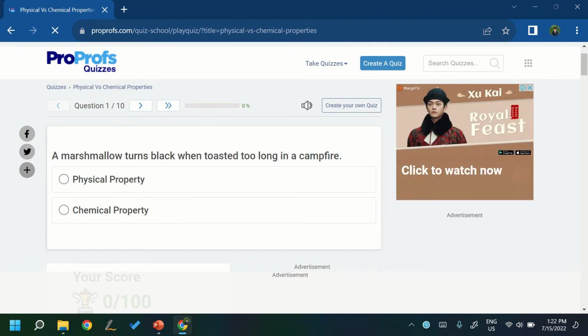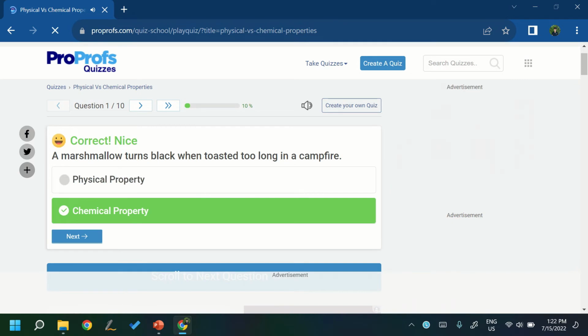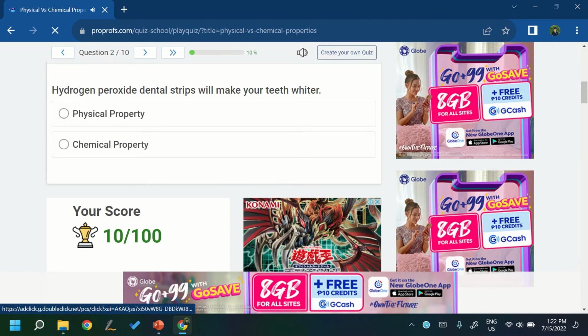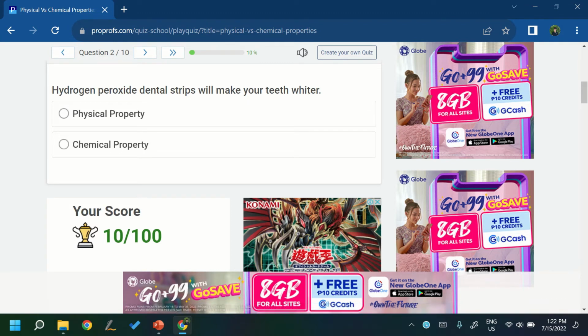So a marshmallow turns black when toasted too long in a campfire. So is this chemical or physical? So this is chemical property. Next, hydrogen peroxide dental strips will make your teeth whiter. So ibig sabihin magkakaroon ng reaction in order for the hydrogen peroxide to clean the teeth para mas mapaputi.